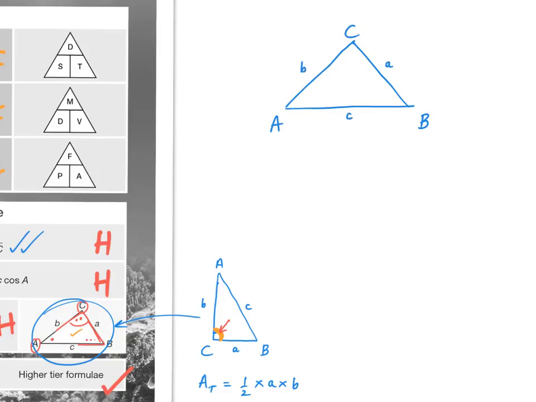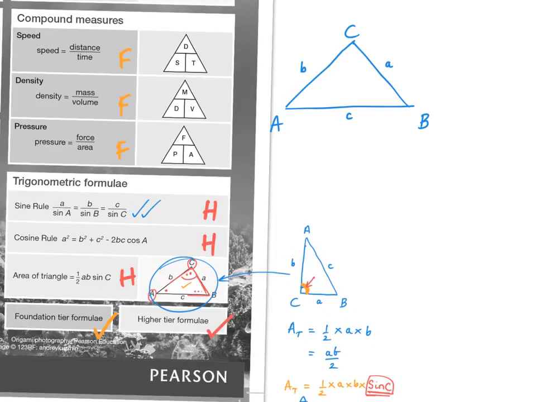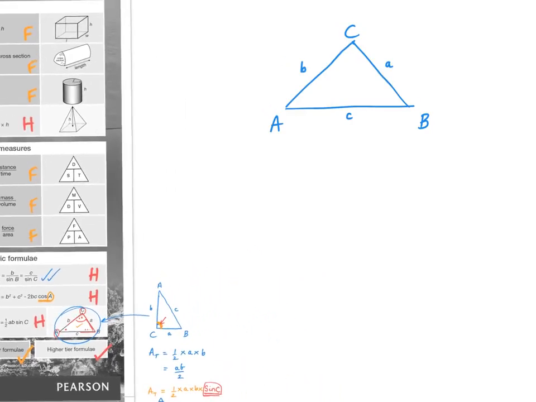Now, on the formula sheet, the only thing I want to have a little peek at is we're using this angle here, A, in this instance. And I'll show you how to use the other two as well, just a quick way of remembering. What you can do is say, right, okay, I want to use this angle A here. So my advice is, pretend again that it's a right angled triangle.